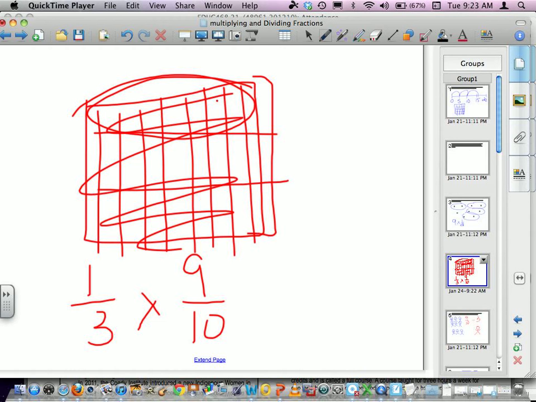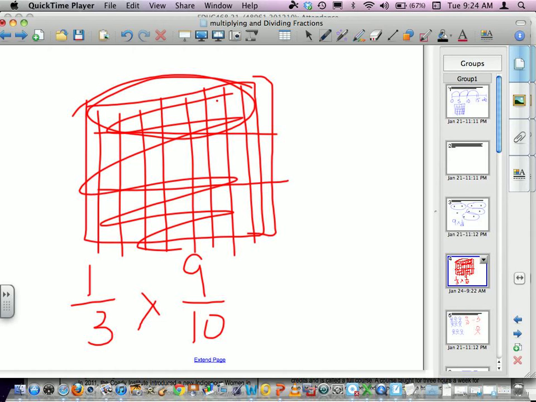when we're talking about division of whole numbers, it actually kind of jumps out that taking 1/3 of something or dividing something by 3 are the same thing. If I take half of something, I'm dividing it into 2 equal groups. So we can start to see the connection between multiplication and division of fractions.